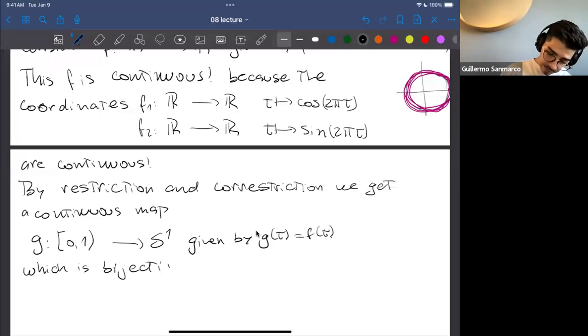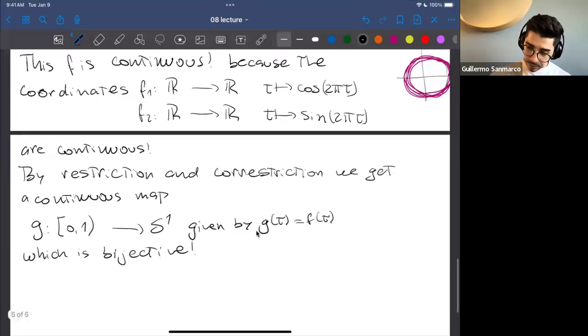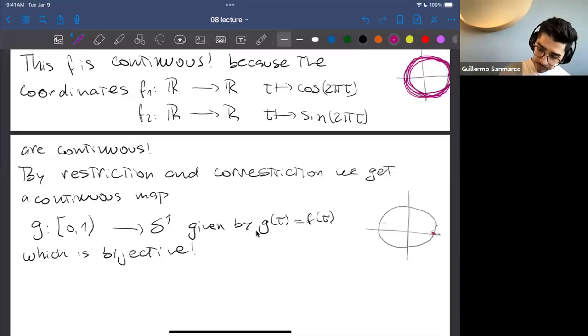So what we're doing here is going back to our circle picture. Here's the unit circle. And what this function is doing: at 0, you start here. You start going counterclockwise. At time equals 1/4, we're here.